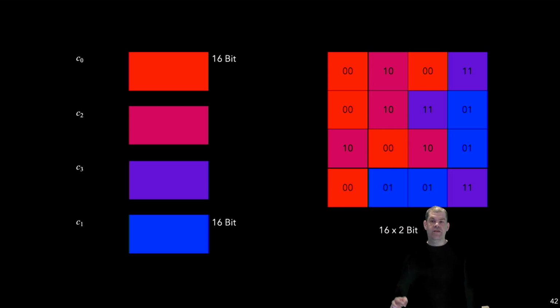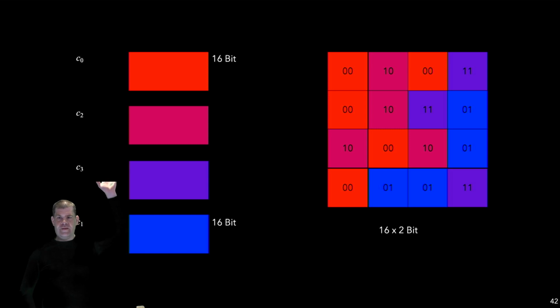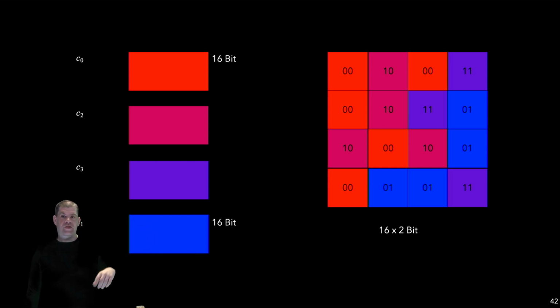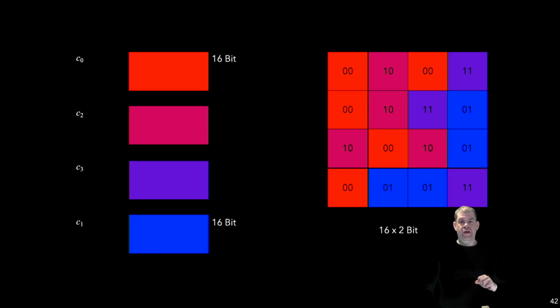From these 2 colors, in this example red at the top and blue at the bottom, I interpolate 2 other colors, just as a linear interpolation. So I basically compute 2 averages, which gives me 4 colors in total, whereas only 2 are specified and the others are computed from the 2. And I use those 2 bits to pick whichever of the 4 colors fits best.